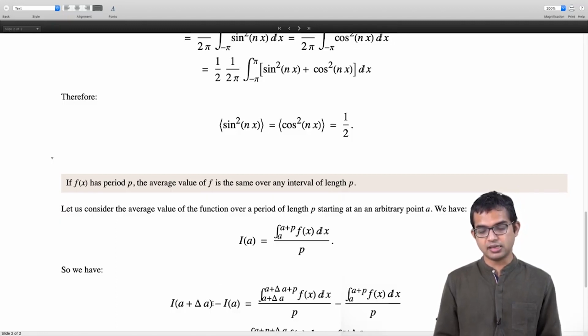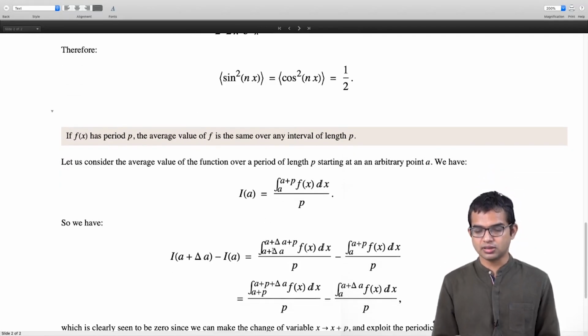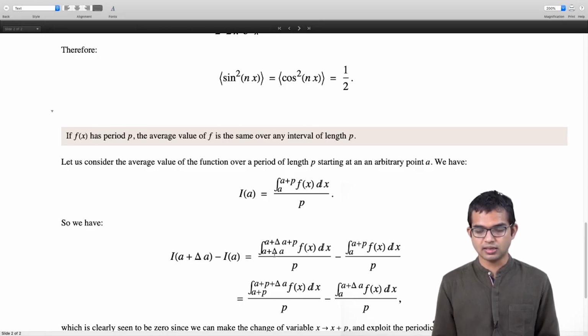So I of a plus delta a minus I of a: in place of a, I have to put a plus delta a. So I have the integral from a plus delta a to a plus delta a plus p of f of x dx, minus this original integral. I notice that there is an interval which is common to both of these integrals, and that runs from a plus delta a all the way up to a plus p.